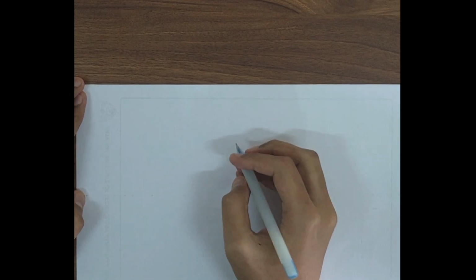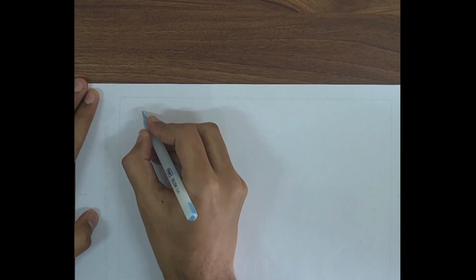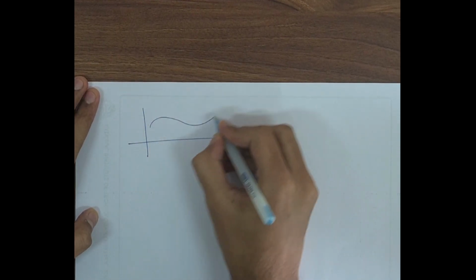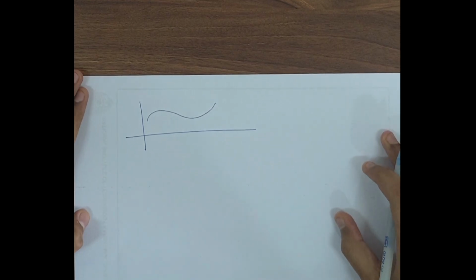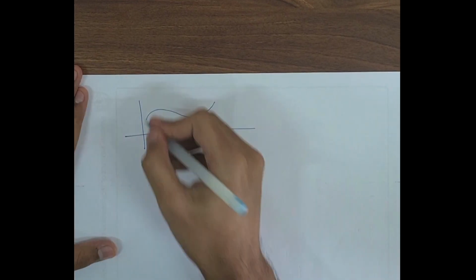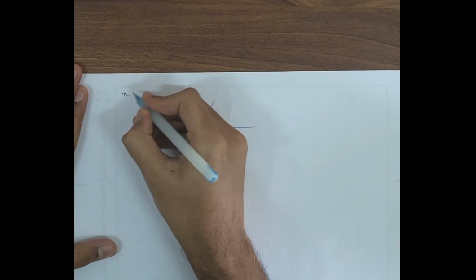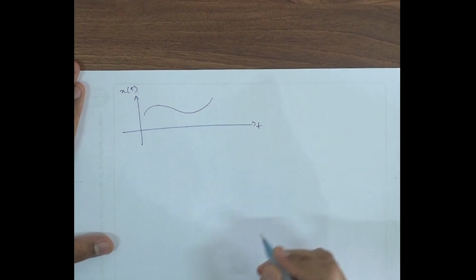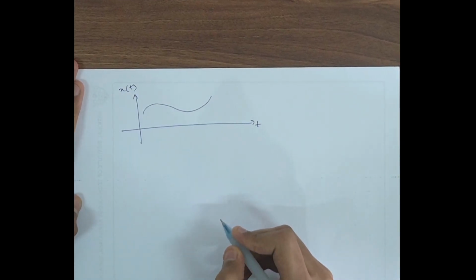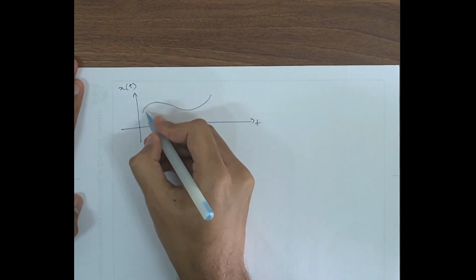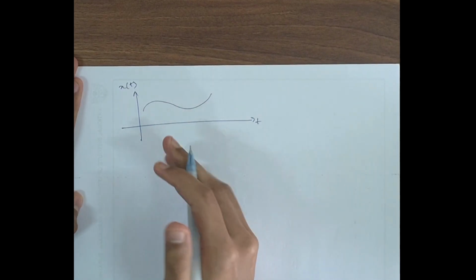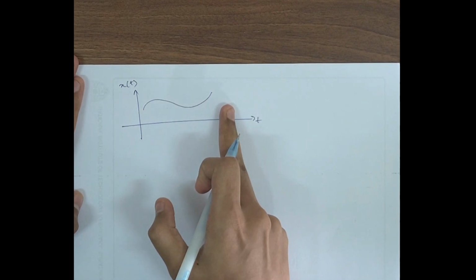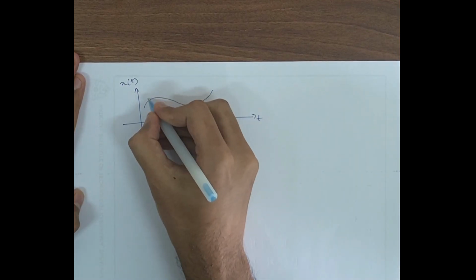So let us consider a signal, say a random signal like this. This is x of t, and this is t. Now what I'll be doing is I'll make windows. What I mean by windows is that I'll be chopping this signal into slices like this.